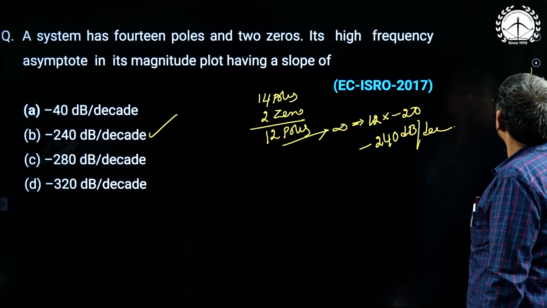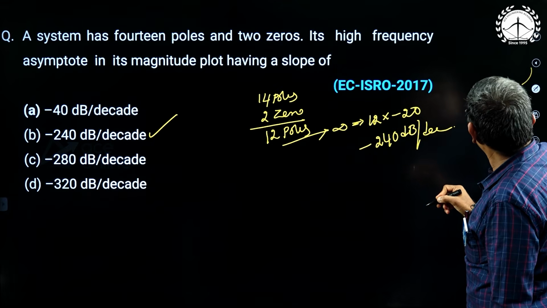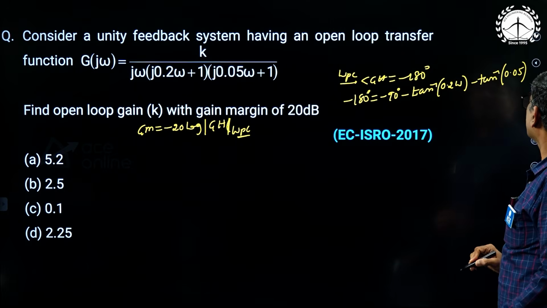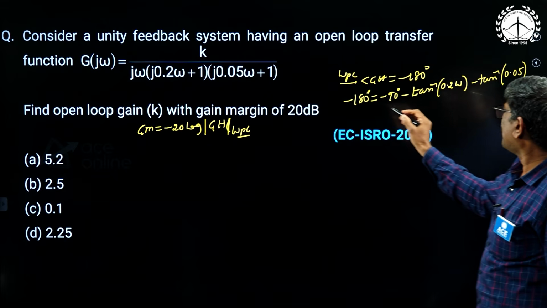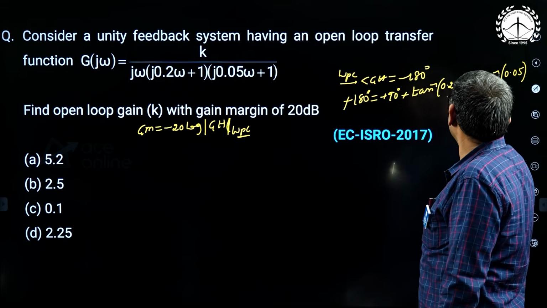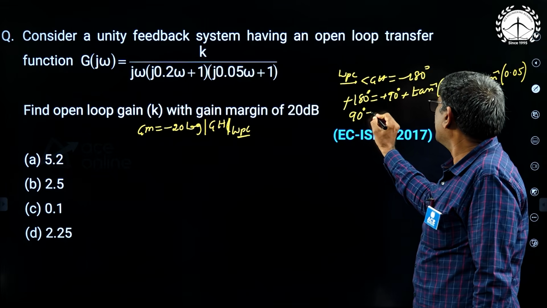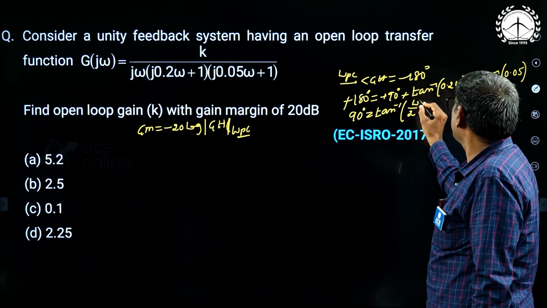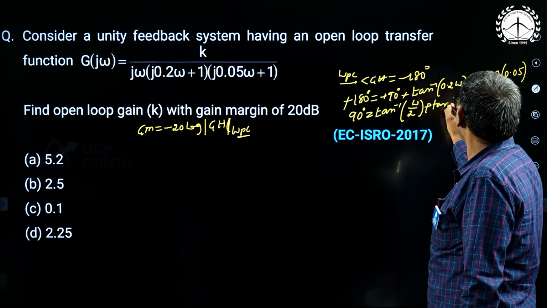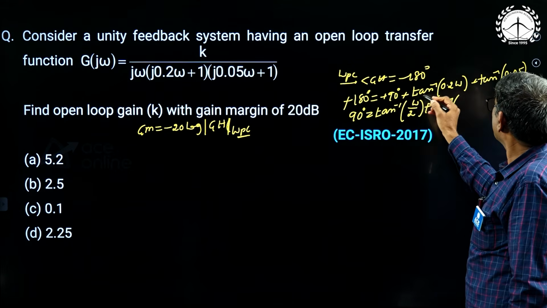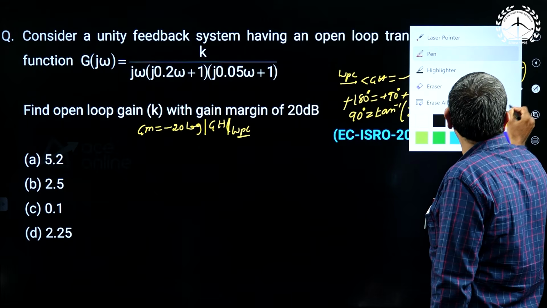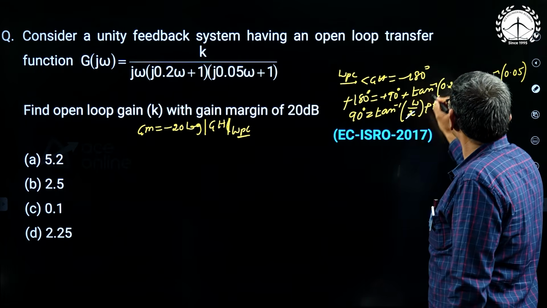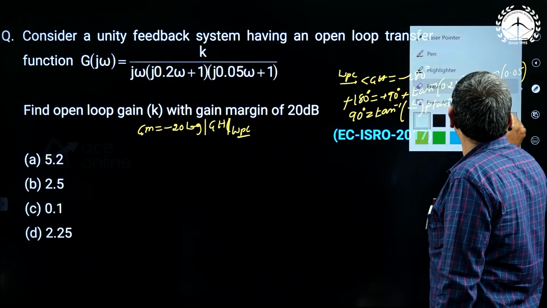0.05 omega. Right, sorry, 0.05 omega. Yes or no? You solve this, all this will be cancelled. Then 90 equal to tan inverse of omega by 2 plus tan inverse of omega by 5. This is 5, since 0.2 means 5.